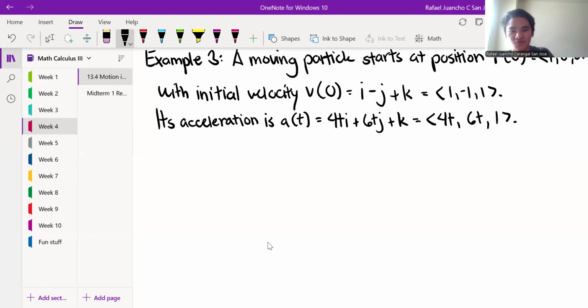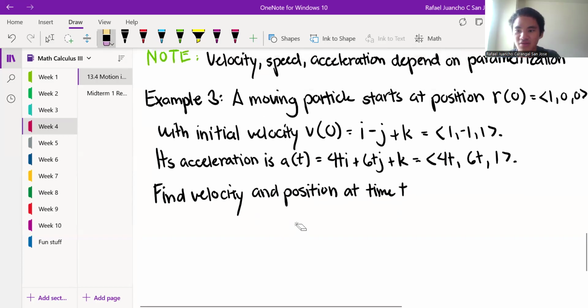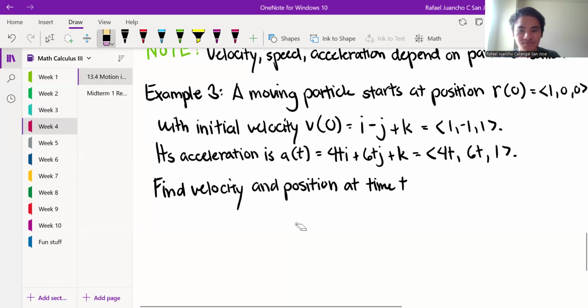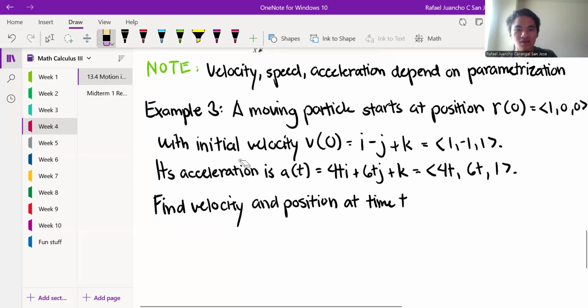And we're being asked to find velocity and position at time t. So we're being asked to find v of t and r of t because we're not given those. Well, we did learn something about this, and it's called integrating. This was from, I think, two videos ago in my calculus series.